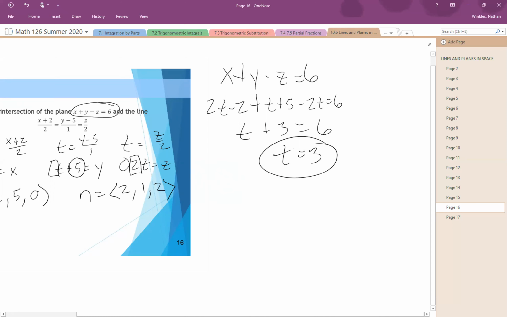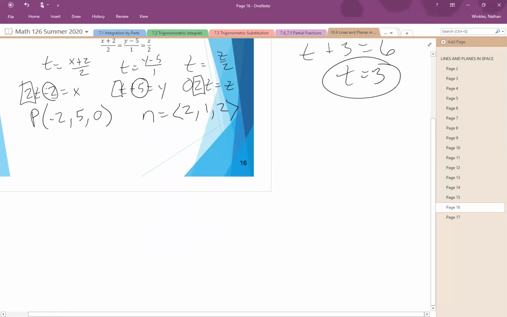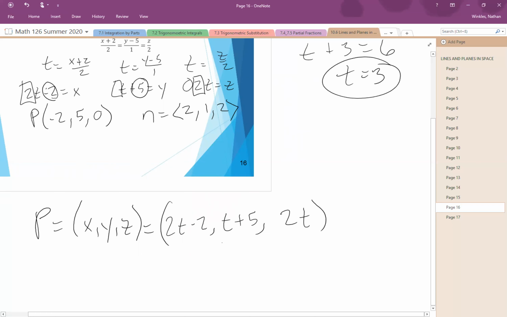So it follows that the line intersects the plane when t equals 3 in the parametric equations. Thus, the required point is the x, y, z point, which is (2t minus 2, t plus 5, 2t).